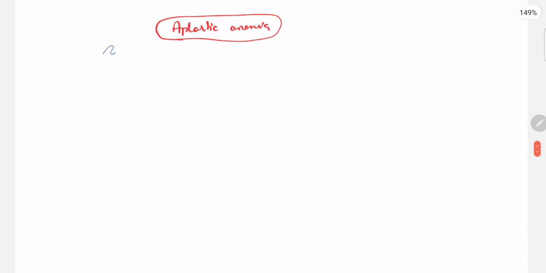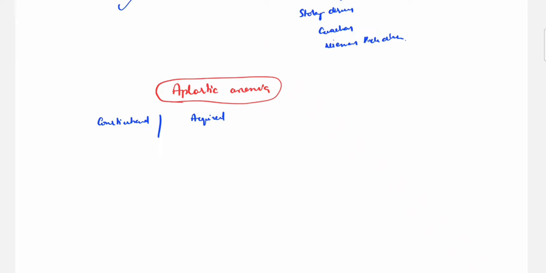So, aplastic anemia can be constitutional or acquired. Aplastic anemia can be acquired or inherited or constitutional.